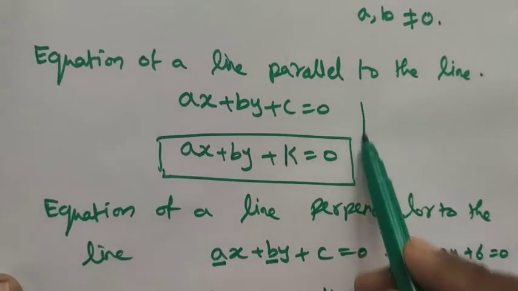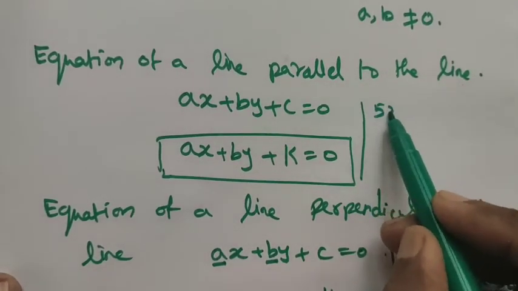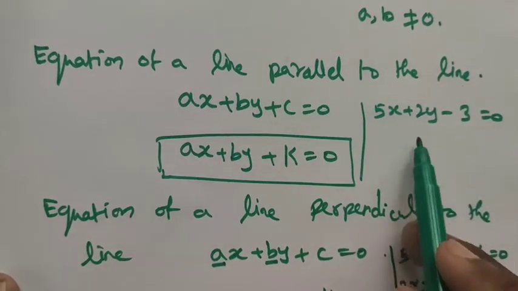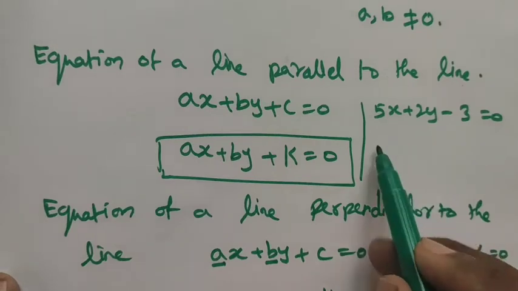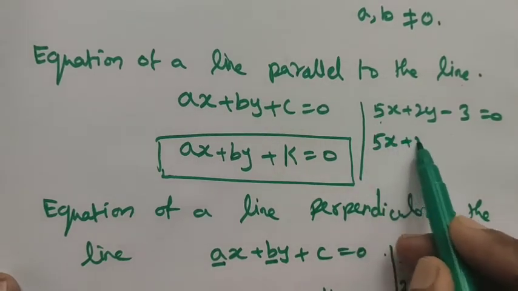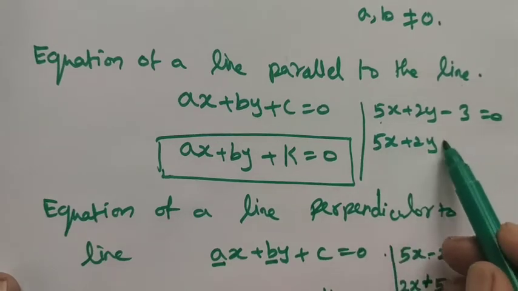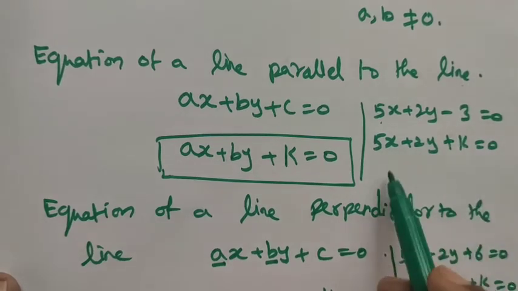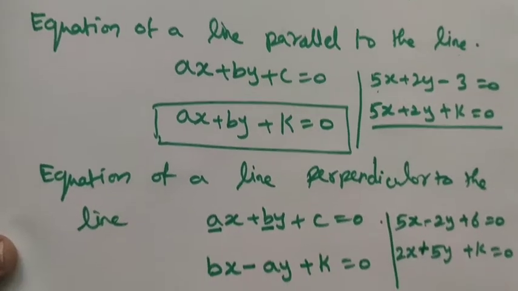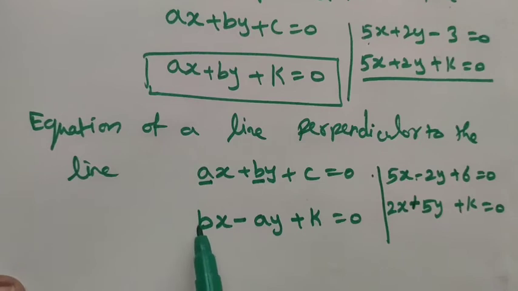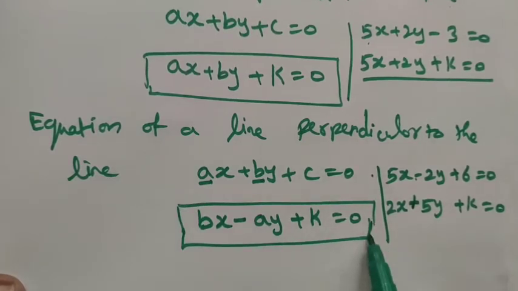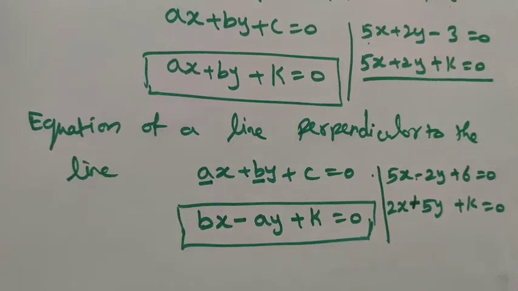And for parallel, if I take the equation 5x plus 2y minus 3 equal to 0, then this equation changes as this. See, the coefficients of x and y do not change, only the constant term changes, plus k equal to 0. This is the parallel to this equation, and this is the perpendicular to this equation. This is the formula to find the perpendicular of the equation of the lines.